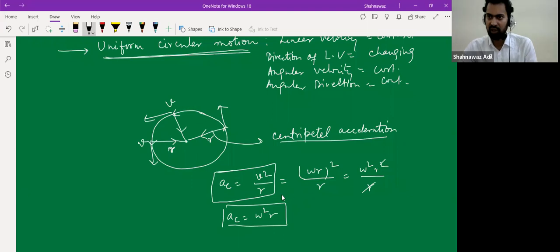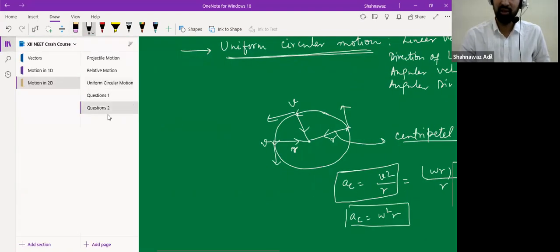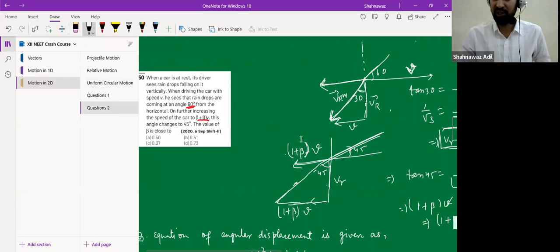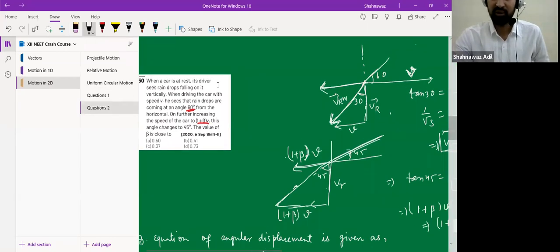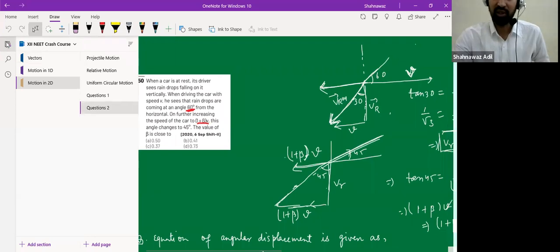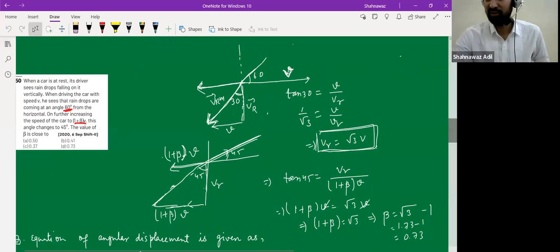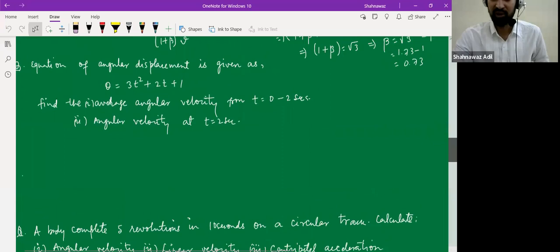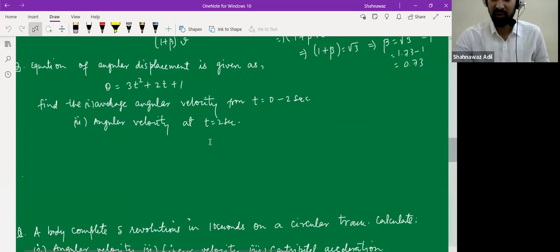Yes, sir. So this was about the uniform circular motion. We will do the questions on the basis of this in the next class. I wanted to do some questions on the basis of this uniform circular motion, the next one.